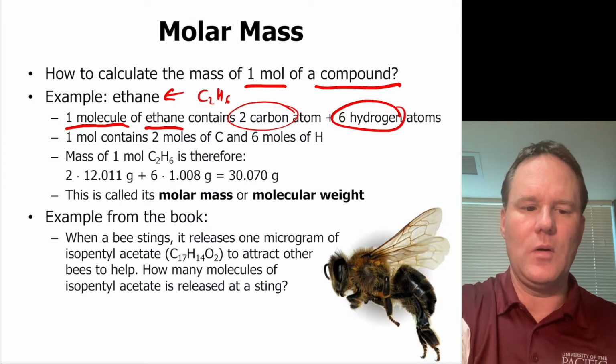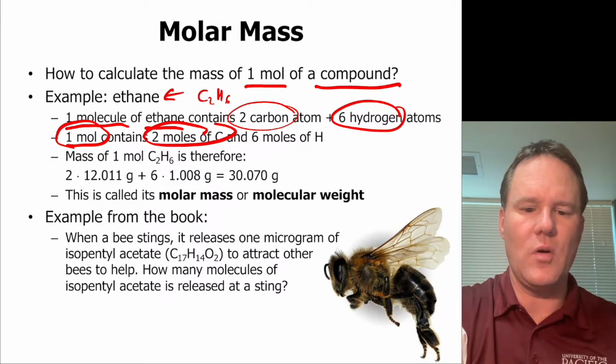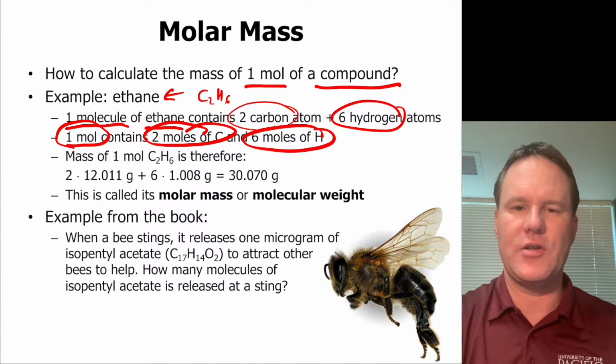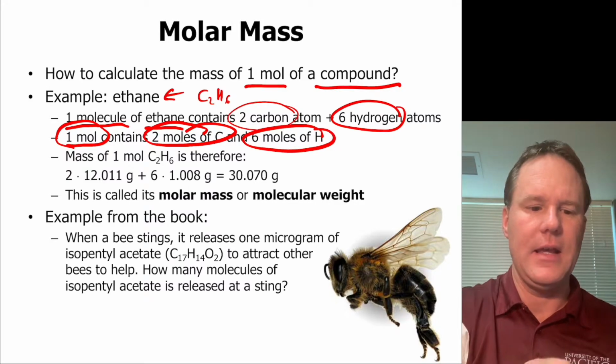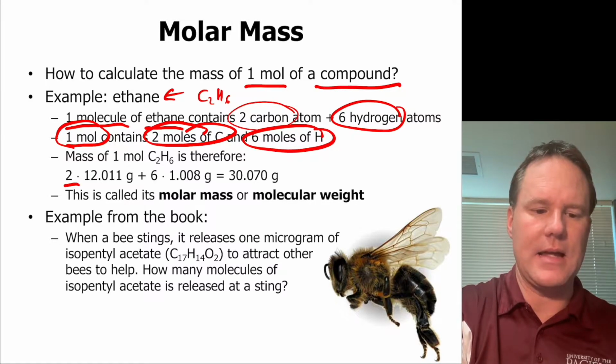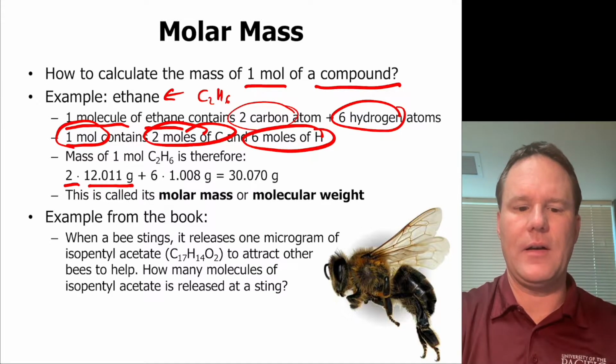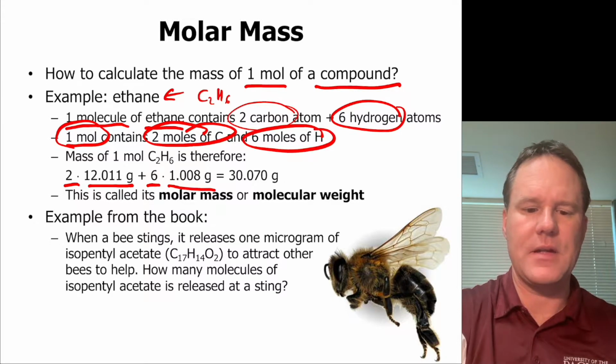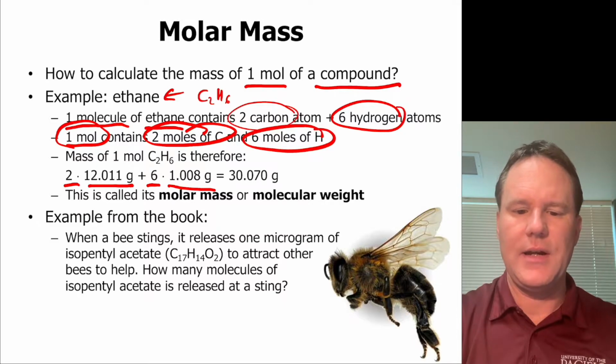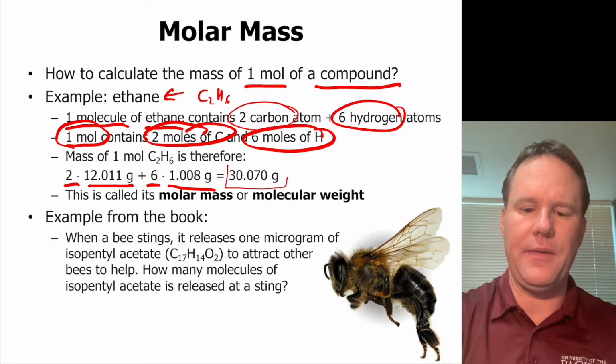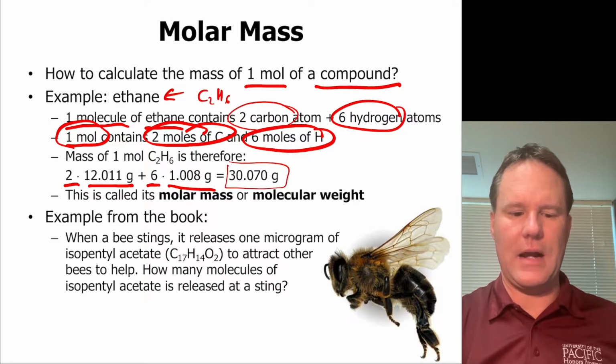And 1 mole, therefore, contains 2 moles of carbon and 6 moles of hydrogen. And so if you want to know what is the mass of 1 mole of ethane, you take twice the atomic weight of carbon and 6 times that of hydrogen. And then if you add it up, you get 30.070 grams.